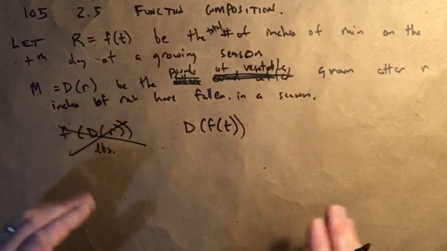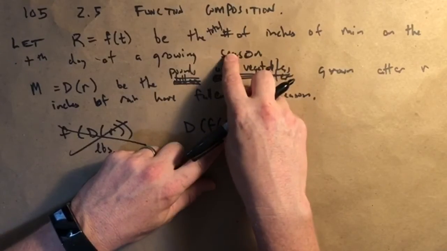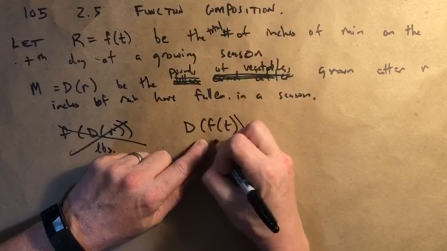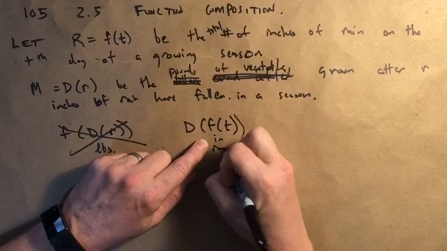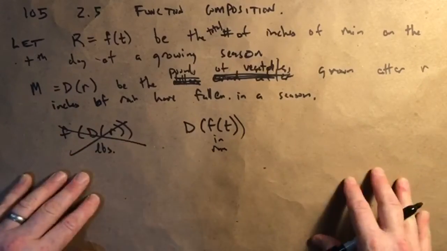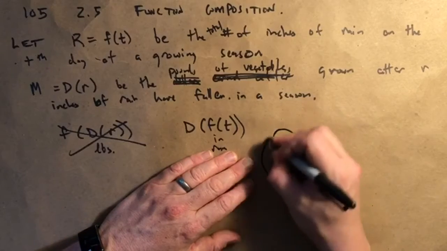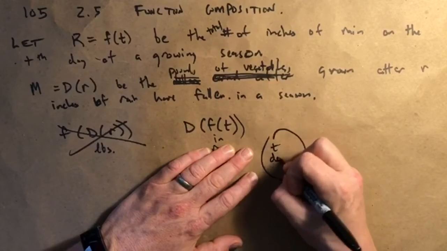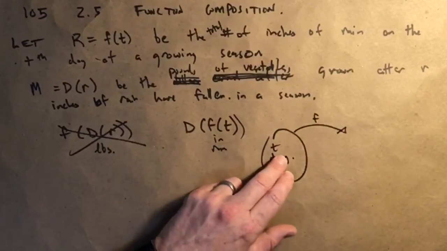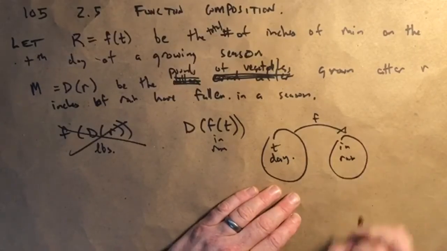Let's just check if our units work. If I put some t value in, that'll be the day of the growing season. And if I then output some number of inches of rain, I can put that into D. Now, I like to draw a little picture when I make functions like this. Here's the 10th day. What F does is it brings me from days to some number of inches of rain.